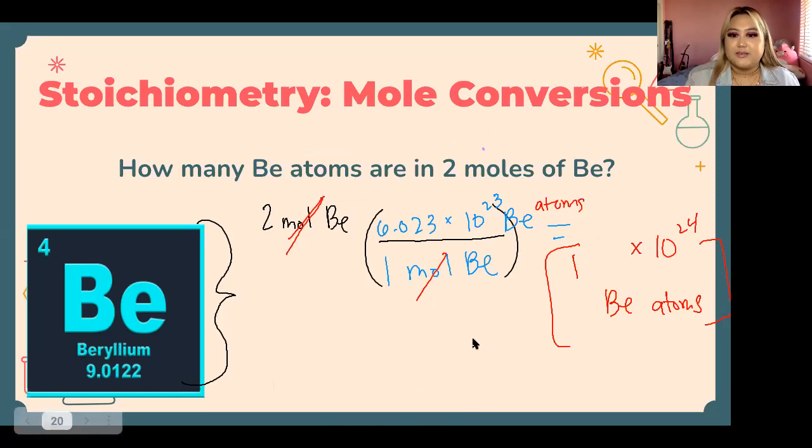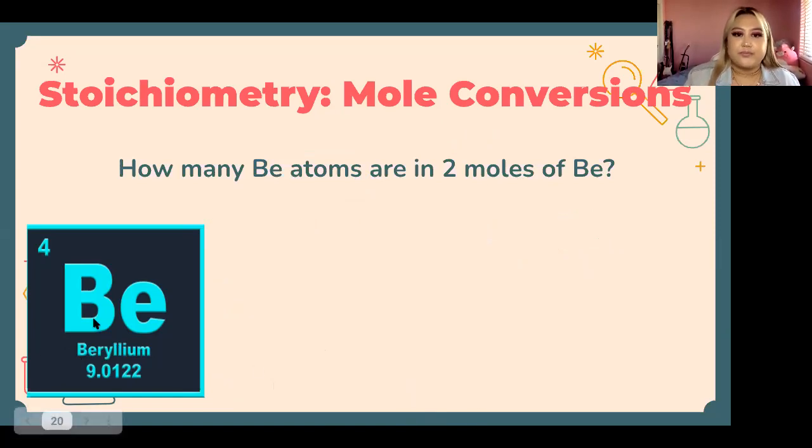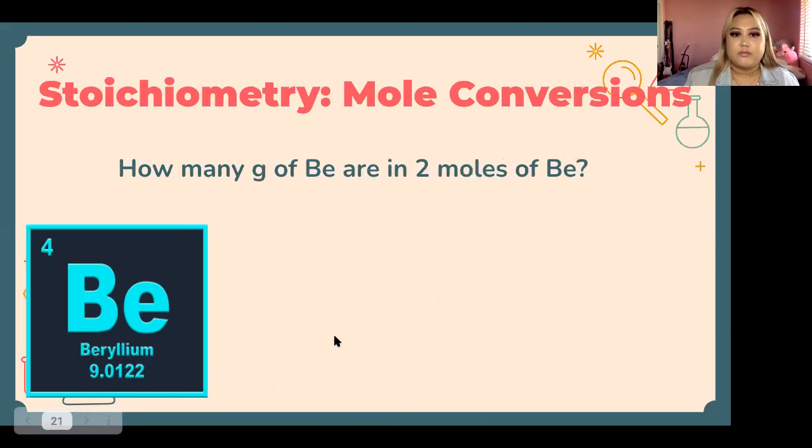Okay. So let me go ahead and go to the next problem. How many grams of Be are in 2 moles? So we start off with 2 moles again. Then what's this conversion factor?